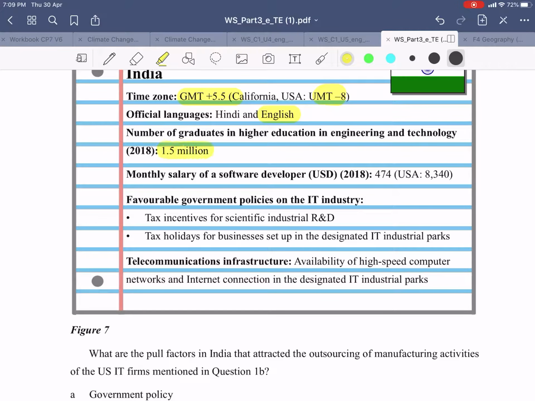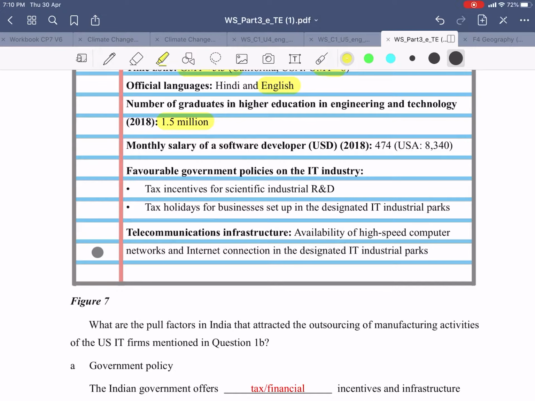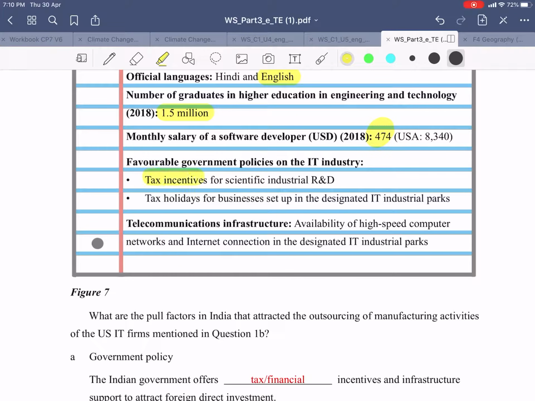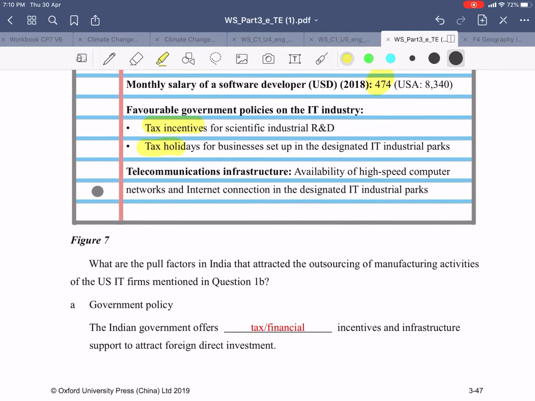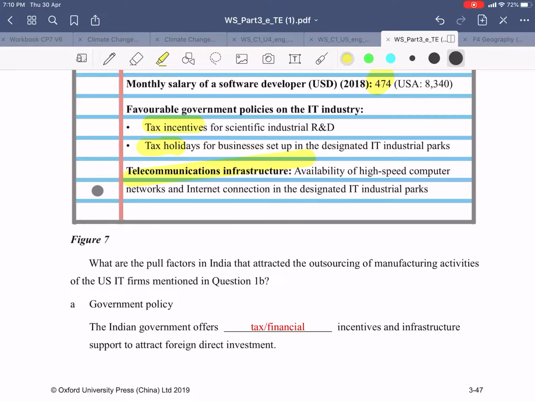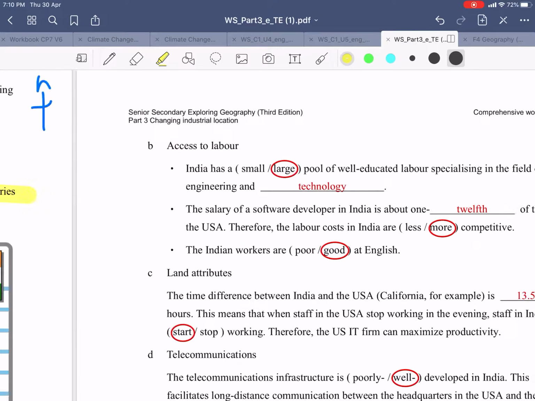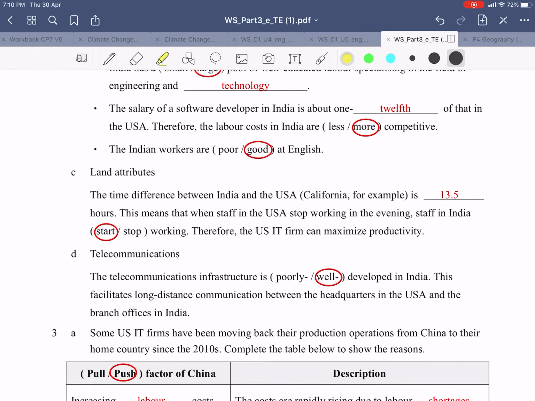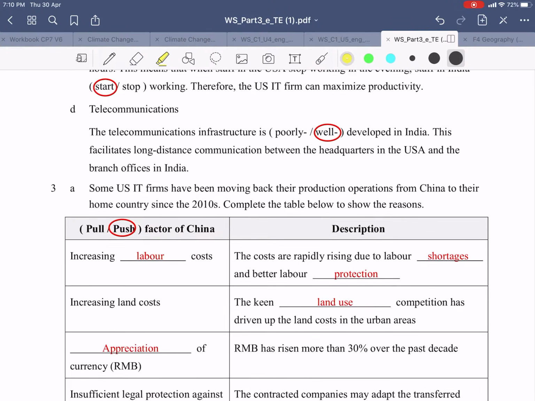A lot of graduates, and the monthly salary of a software developer is very cheap, okay. Favorable government policy also provides tax holidays and also tax incentives, okay. The infrastructure is also okay. So this I'm not going into detail, okay.